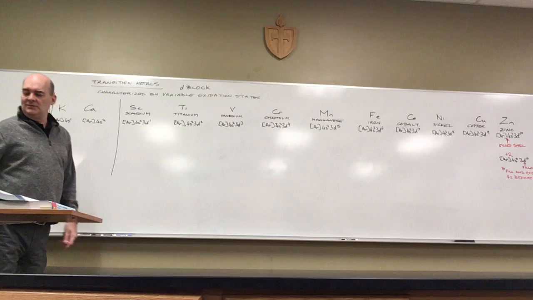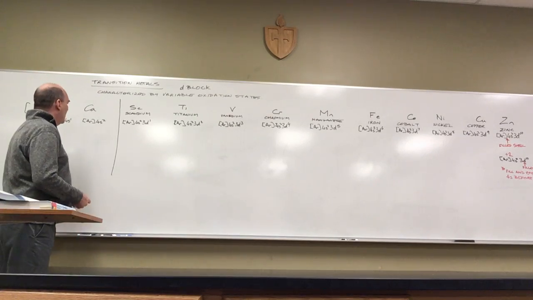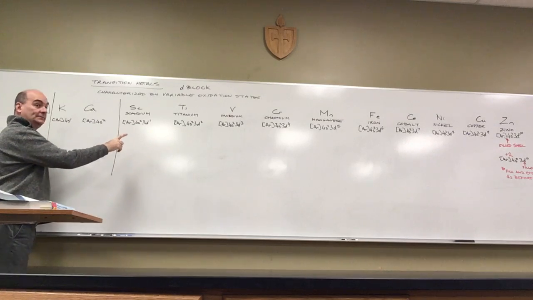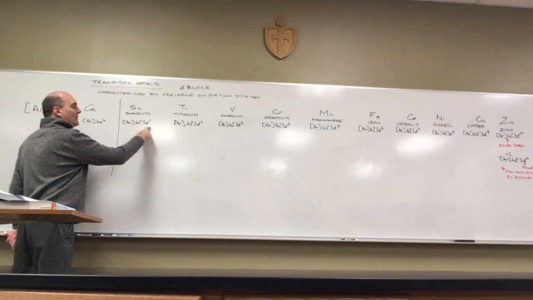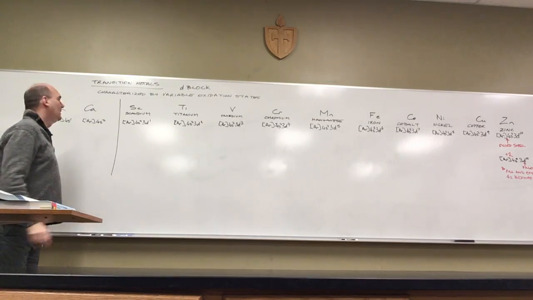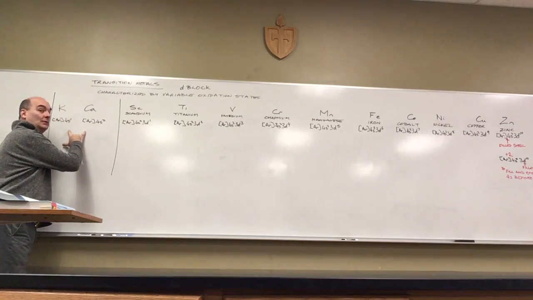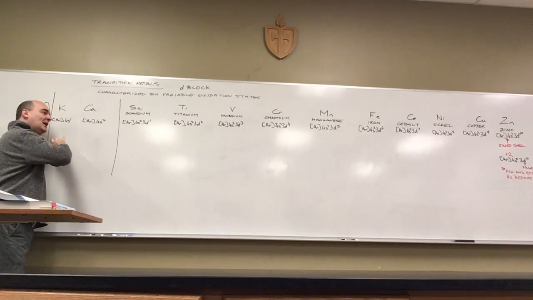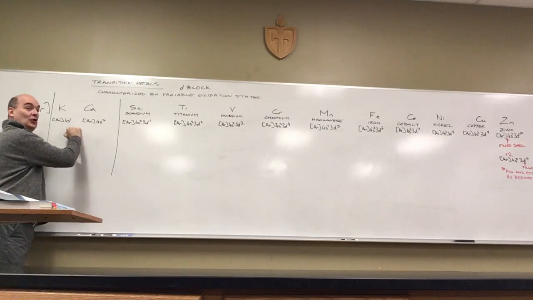Scandium. Scandium's over here, and if I make scandium 1+, that would be 4s1 3d1. If I make scandium 2+, now there should be an available 2+, because there's an available 2+ for everything, because I have these 2 electrons right here.